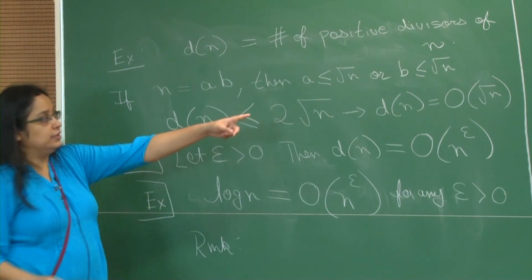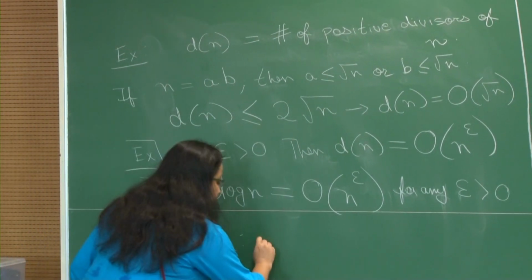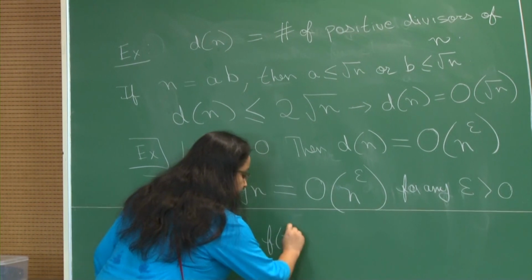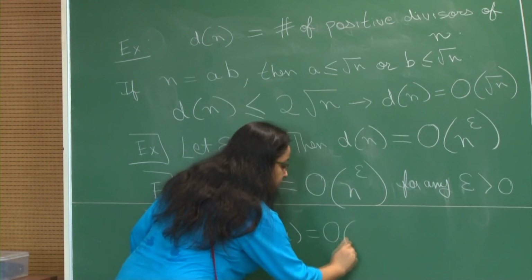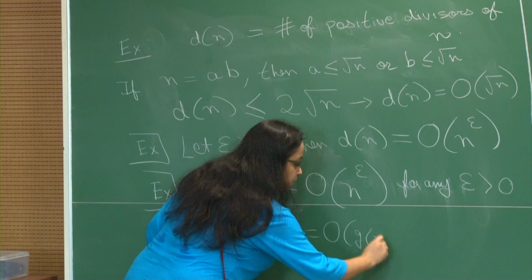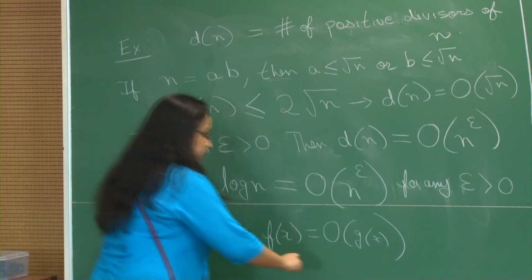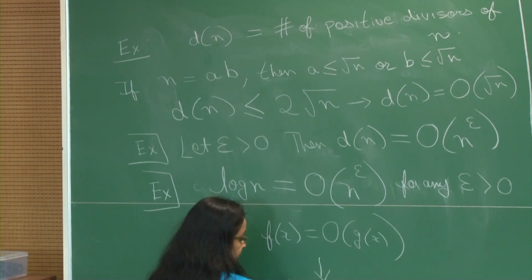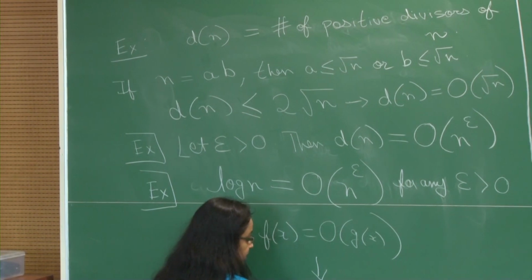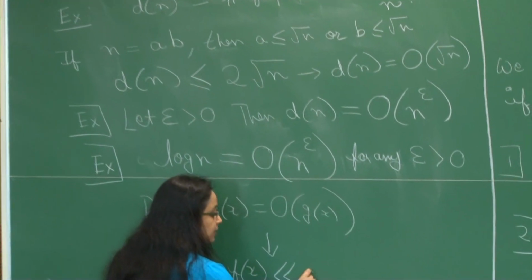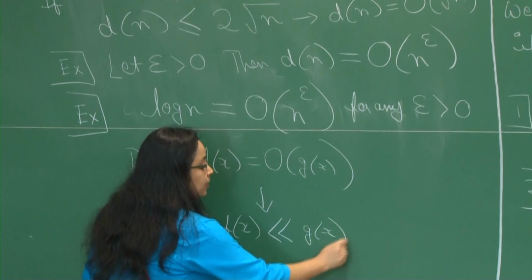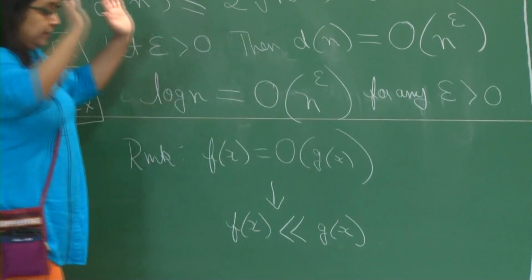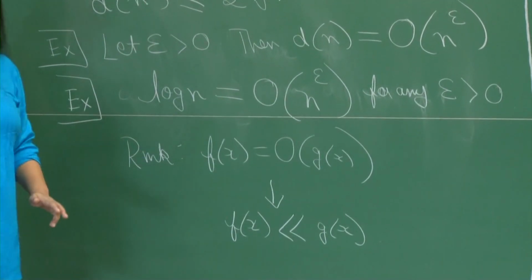Another observation I just want to make, another notation for f of x equal to O of g of x can also be written as f of x is less than g of x, a slightly wider notion than that of less than or equal to.